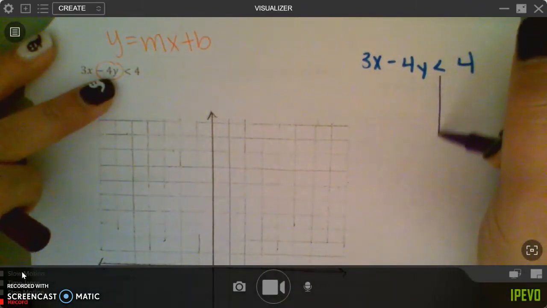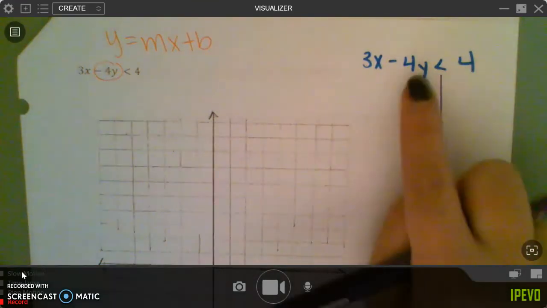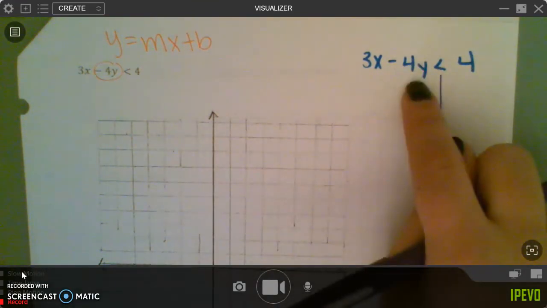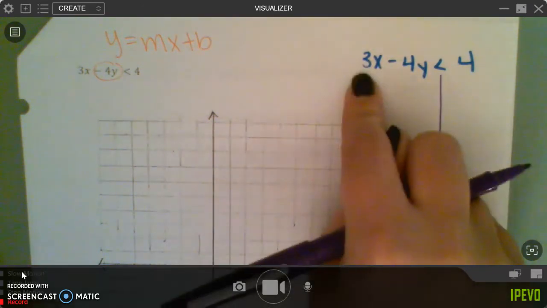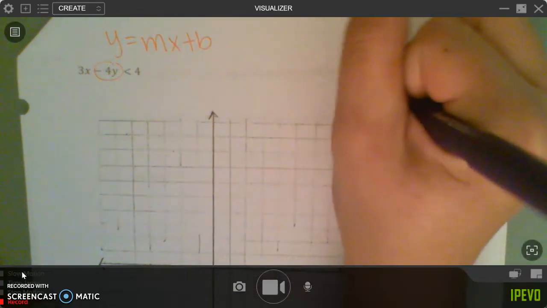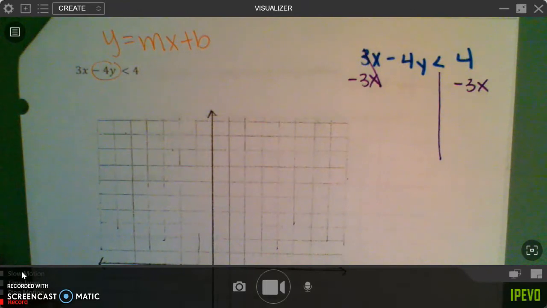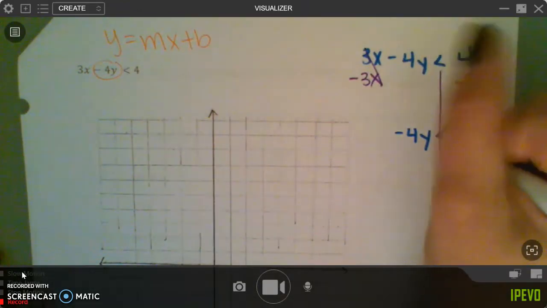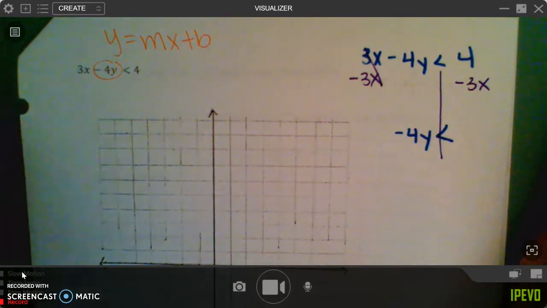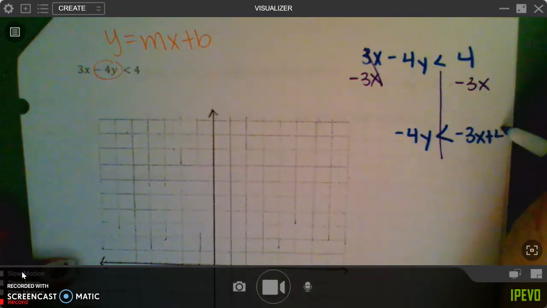So the first thing is I'm going to draw my line down, the inequality symbol. And I need to get this y by itself. So the y is staying. I have to get rid of the 3x. So I'm going to move the 3x to the right side. Now I'm left with negative 4y is less than, it's mx plus b, so the x part's going to come first, negative 3x plus 4.